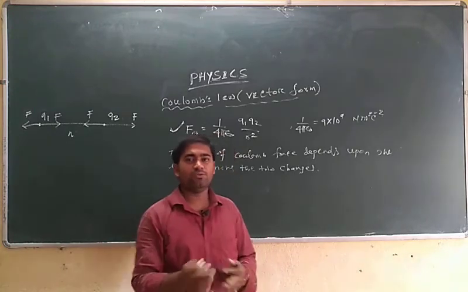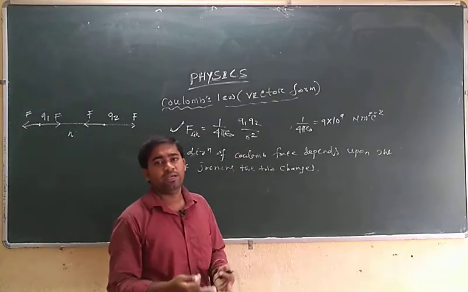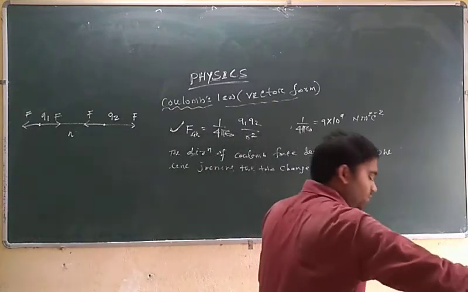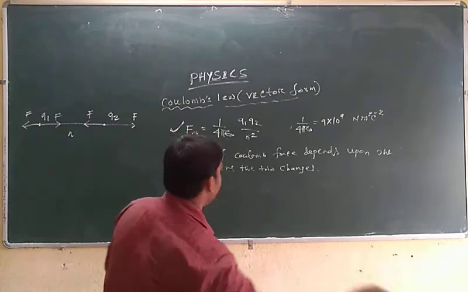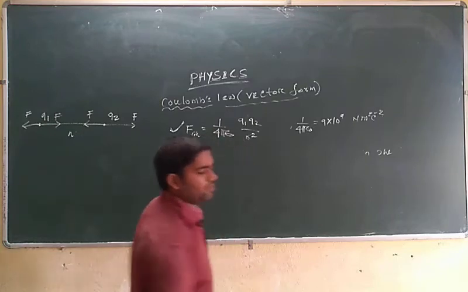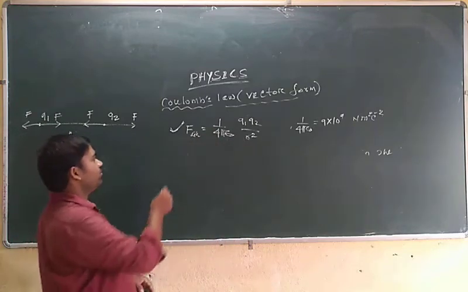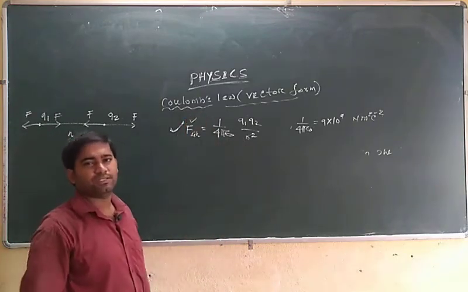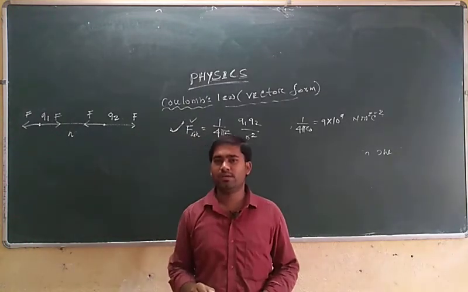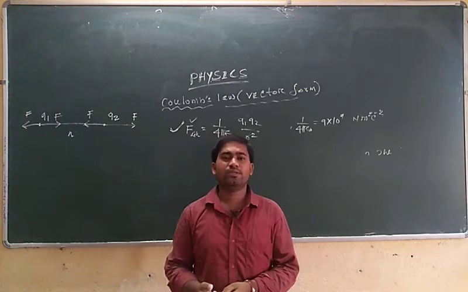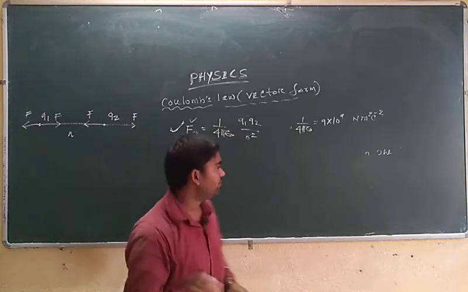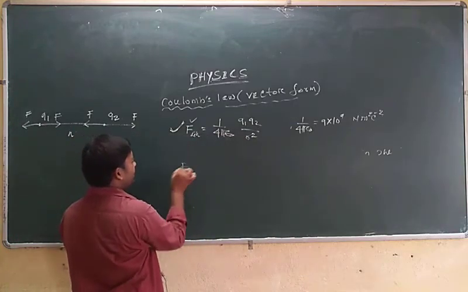So we discussed how we can write the expression of force and its direction. In the vector form of Coulomb's law, in general, the Coulomb force between two charges depends upon the line joining the two charges, meaning it depends upon the distance or displacement between them, and when we measure displacement we can write it in vector form.